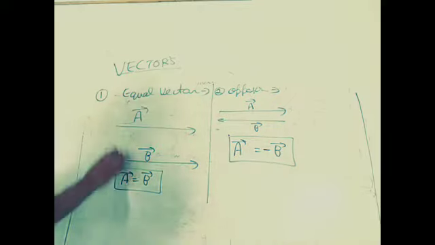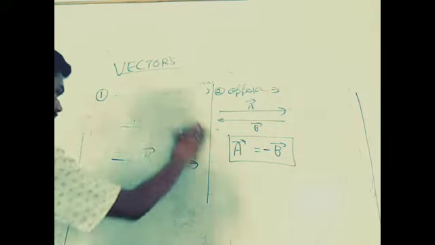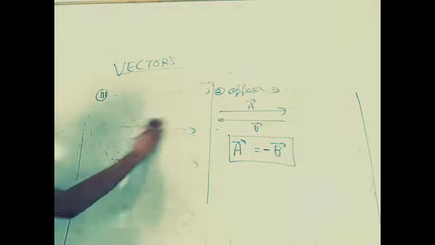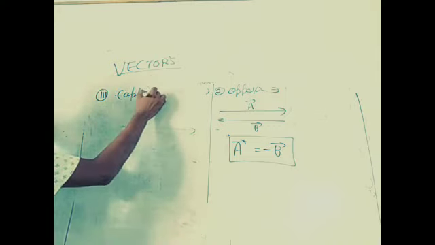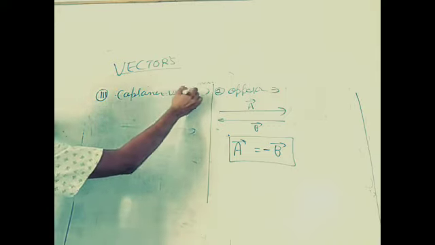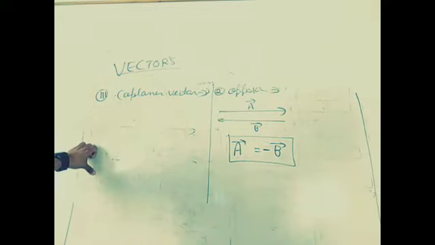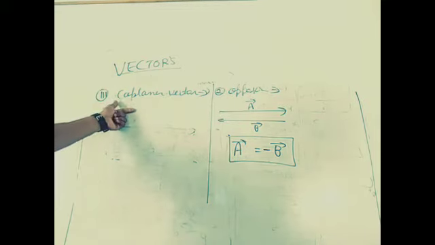Our third type of vector is coplanar vector. What are coplanar vectors? Students, as the name suggests, coplanar means common plane.